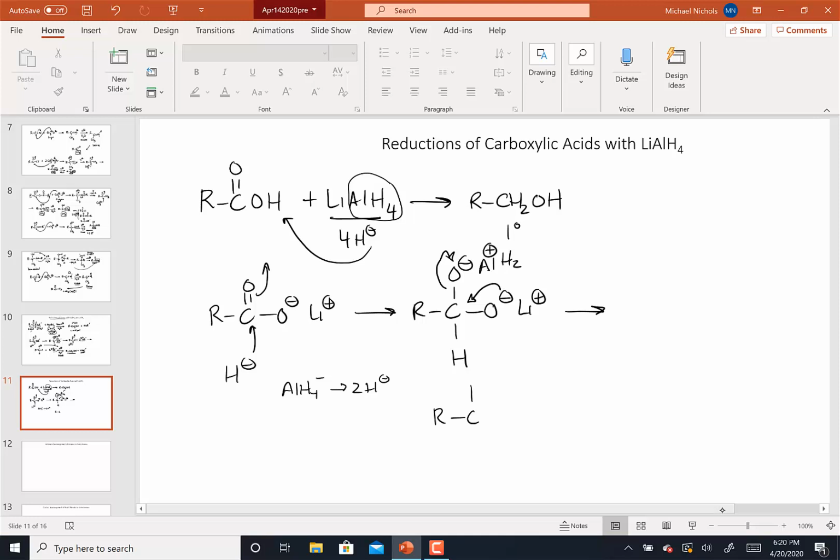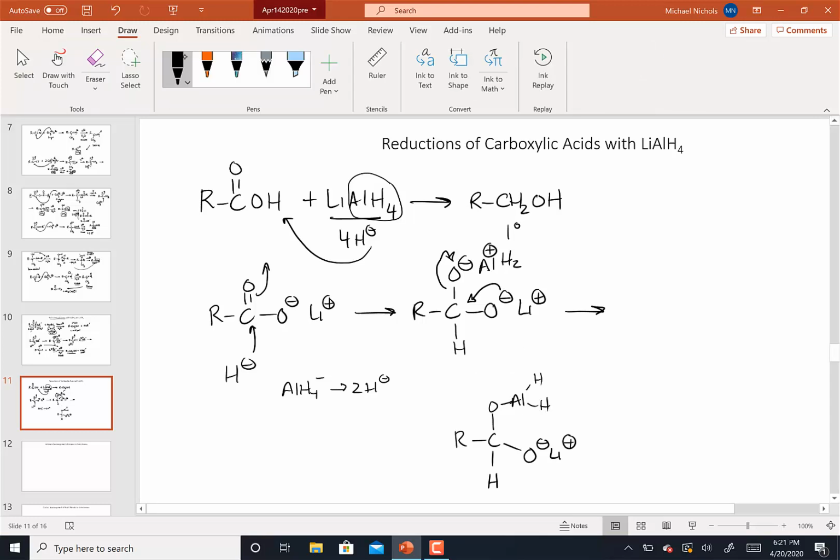If I rewrote that species, it looks more like this. Now this pair of electrons moves here, and then this pair of electrons goes to form an oxygen-aluminum double bond, so that I end up losing the oxygen doubly bonded to the aluminum.